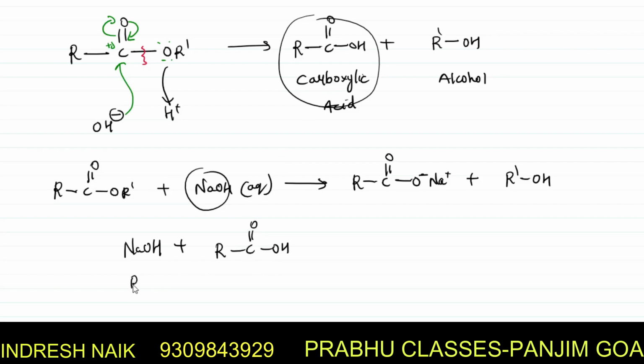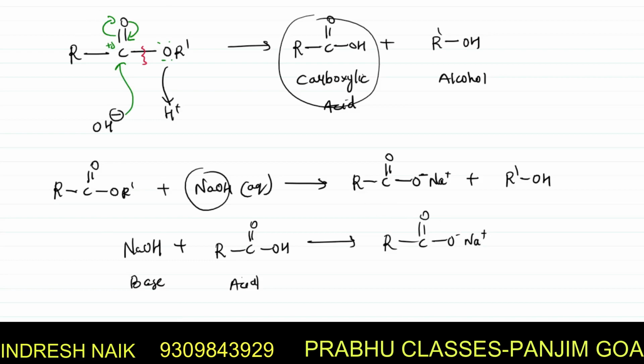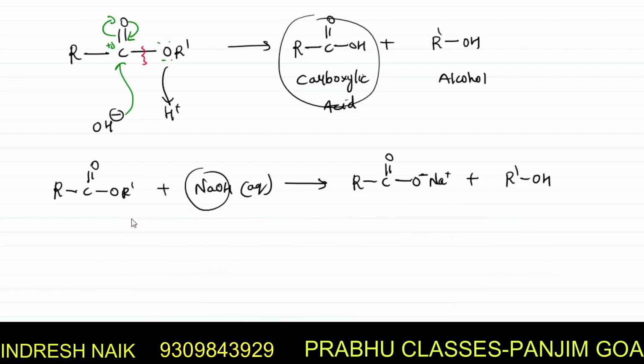This is a base and this is an acid. Acid and base, when they react, give you a salt. So this is the product you are getting here, and this is the whole reaction. So don't get confused about why it is a salt.